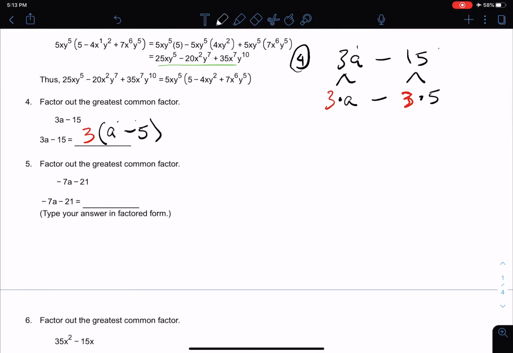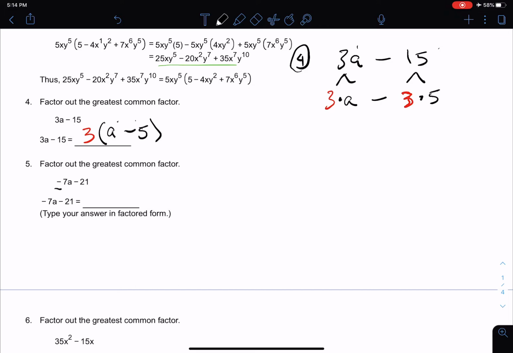Now, one general rule that's true is you can always factor out 1, and that wouldn't be the greatest common factor, but you could always factor out a 1, and you could always factor out a negative 1. Now, to factor out a negative 1, the only reason why we might do that is if there's a leading negative value. So that's kind of a preference thing, right?